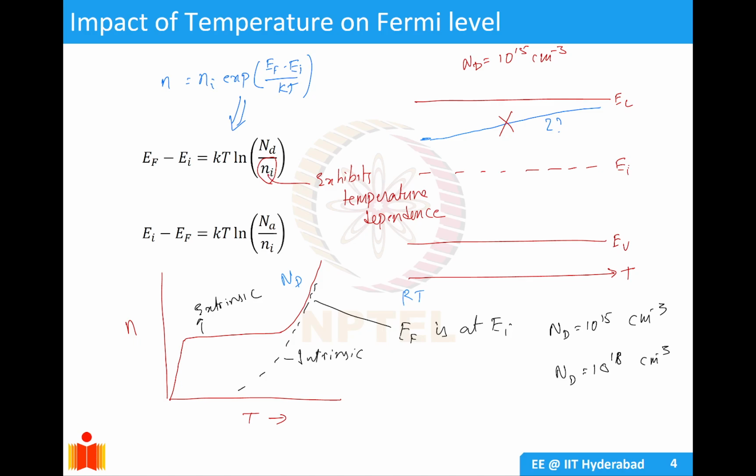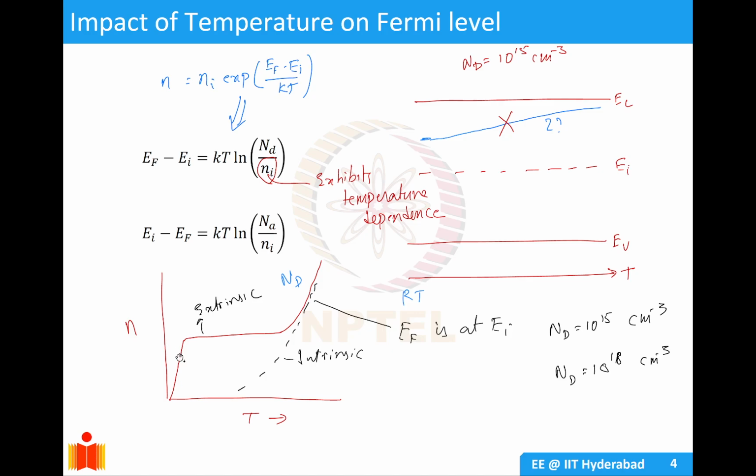So what effectively happens is that for moderate temperatures, both of these temperature dependences cancel out each other, and your Fermi level and your electron concentration remain constant. But for low temperatures you have freeze out, where there is not enough energy for complete ionization of your acceptor and donor energy levels.